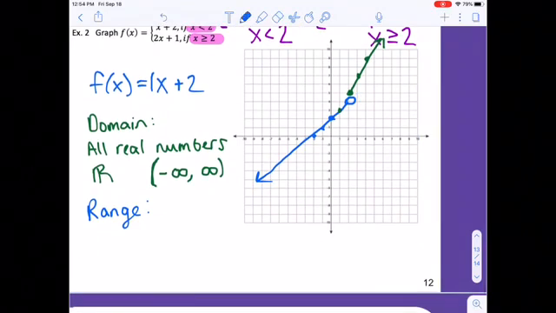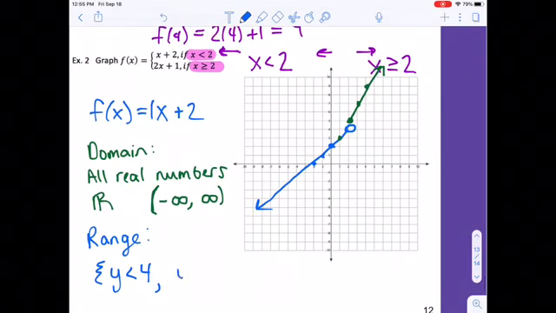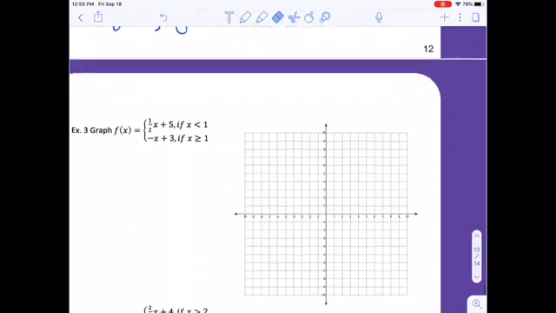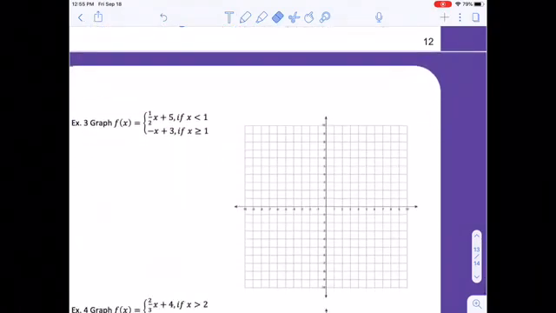So we can say that our range is y values strictly less than 4, if you see, here's 4, our y values go less than 4, comma, y values greater than or equal to 5, because we start at 5 and we can go up. And that would be our range. Okay? That's the only one we'll look at, domain and range, but Math Excel will have you look at those.